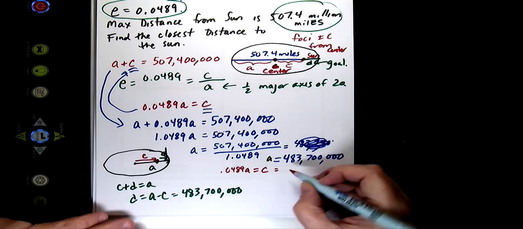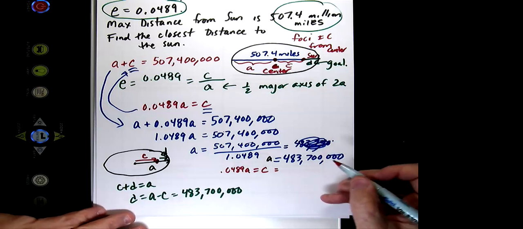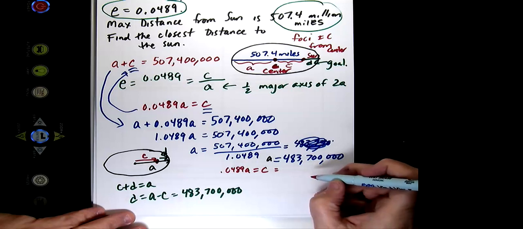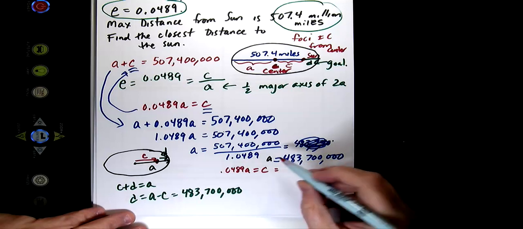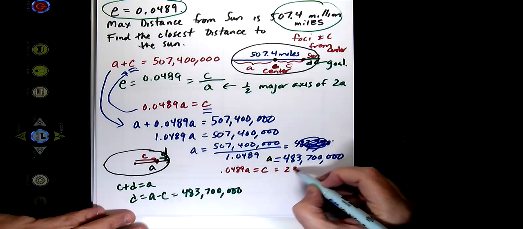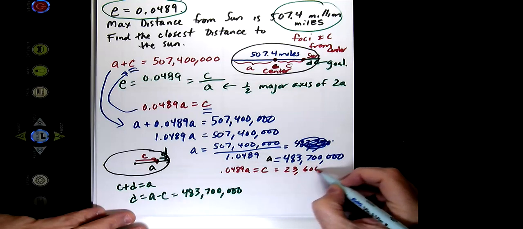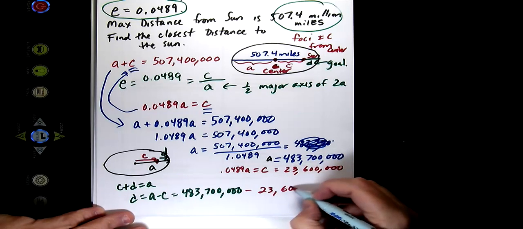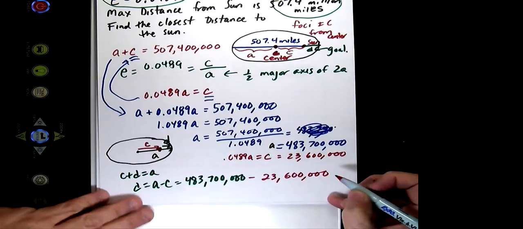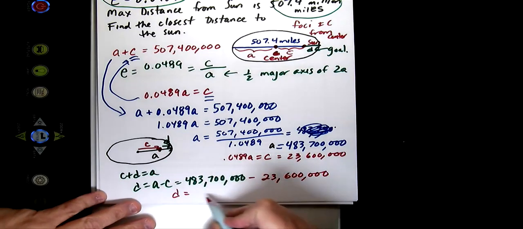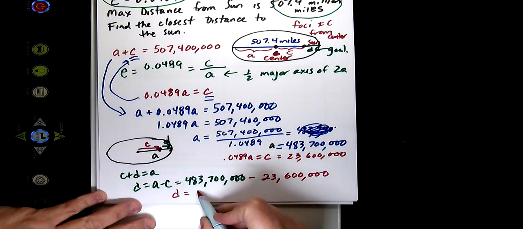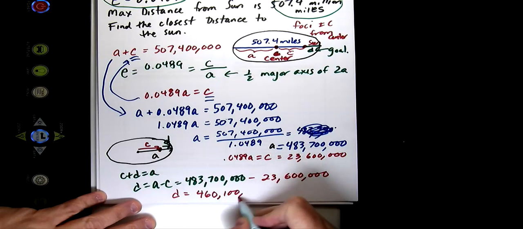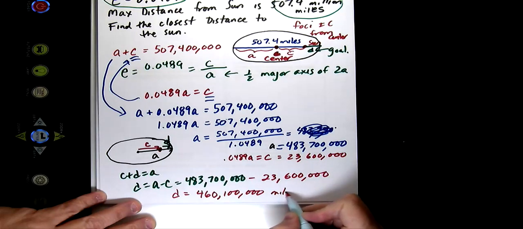It should be a low number, like, I don't know, 20 million, 25 million, 22 million. 23,600,000. Which means that distance is 460,100,000 miles.